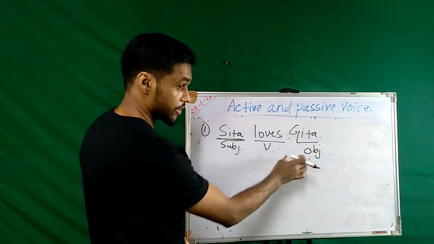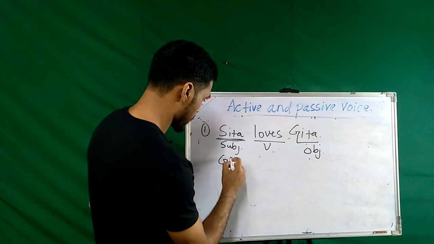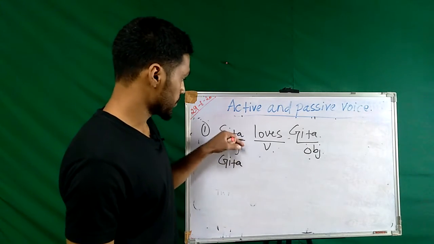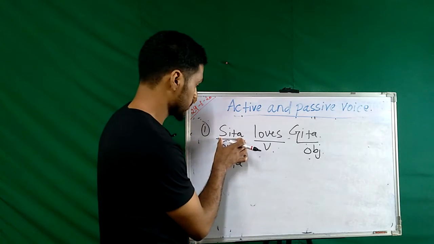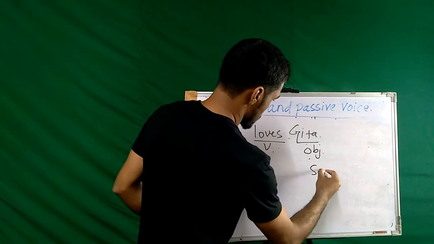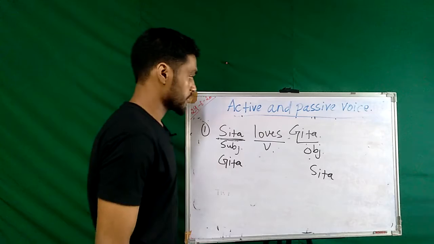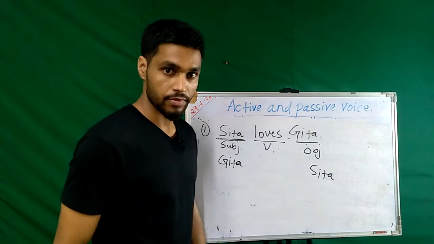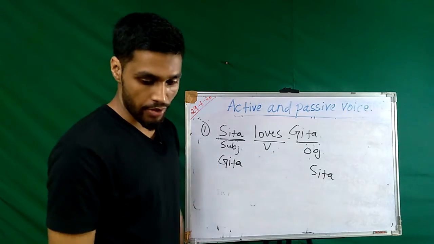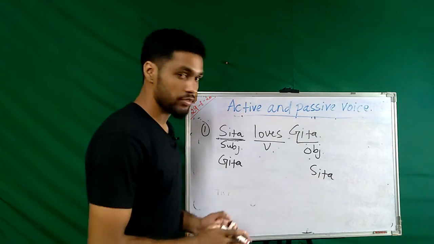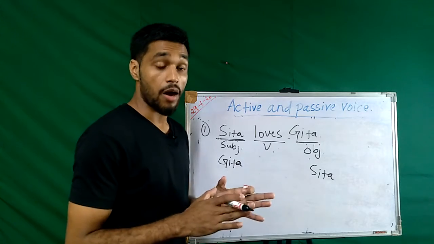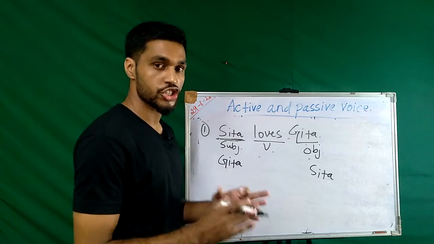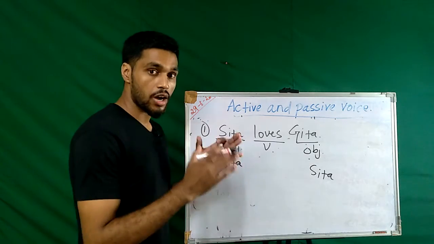So let's write. We have to write the object in the place of subject, Gita, and I have to write Sita in the place of object. And what is the next step? Convert the main verb into the past participle, or the third form of verb. That is the third step.